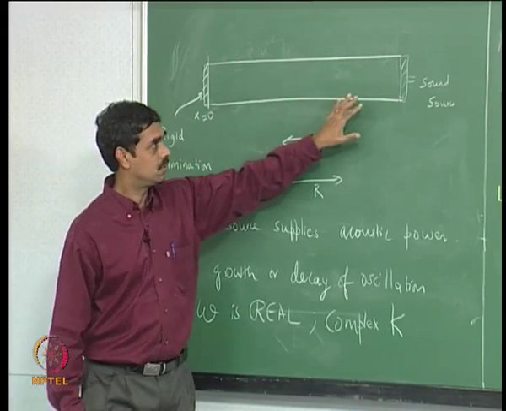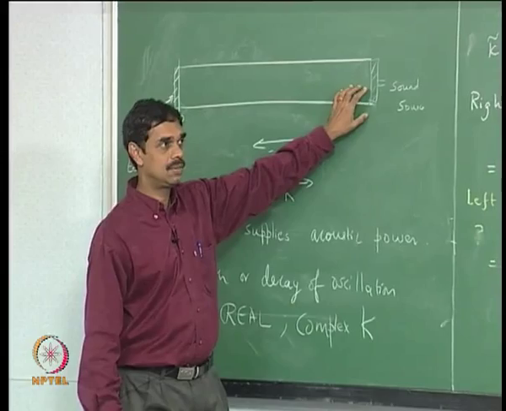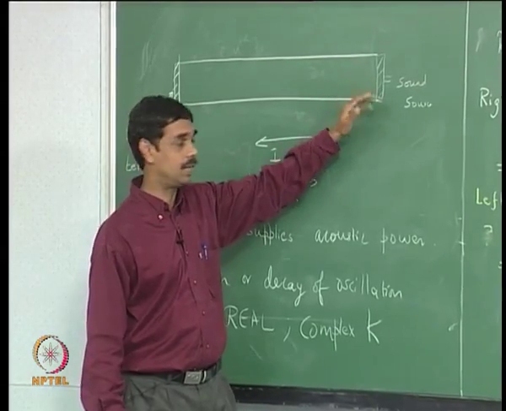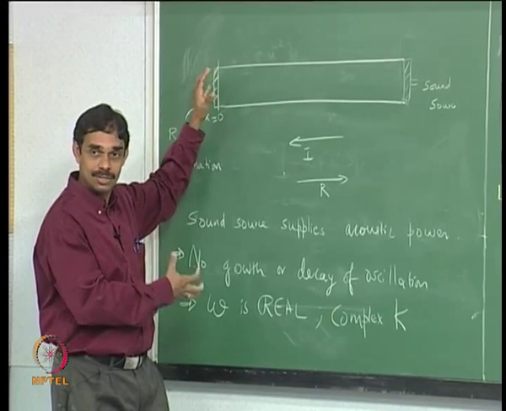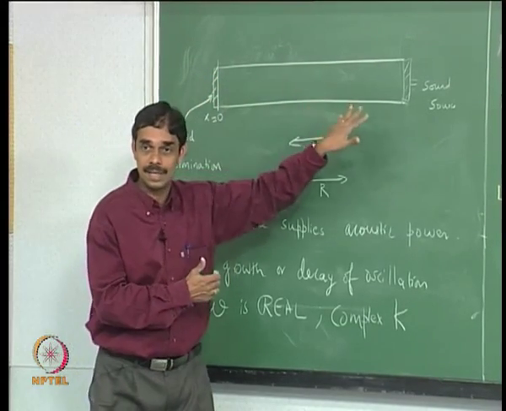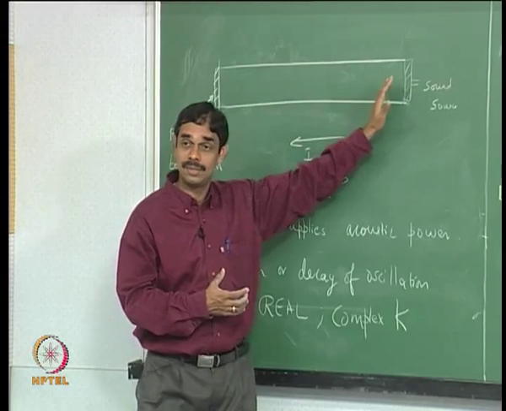So near the sound source, it will almost be like a traveling wave, because you had a left running wave coming here, and then it reached here and lost a lot of its amplitude, and then it starts coming as a right running wave, and it's again continuing to get attenuated.